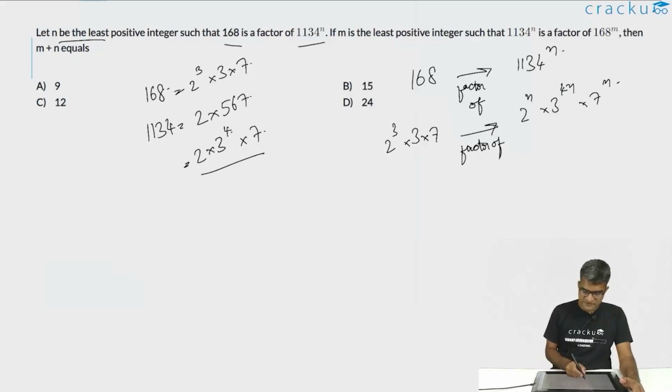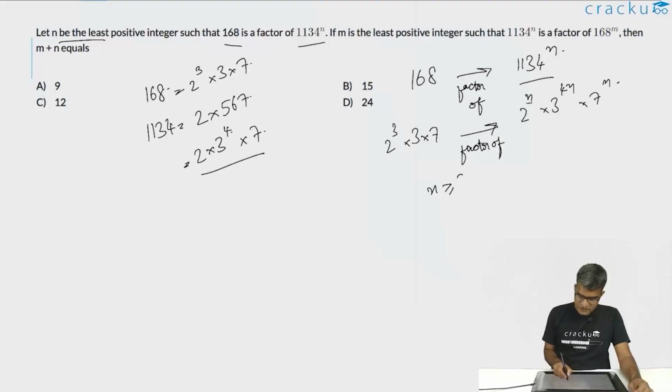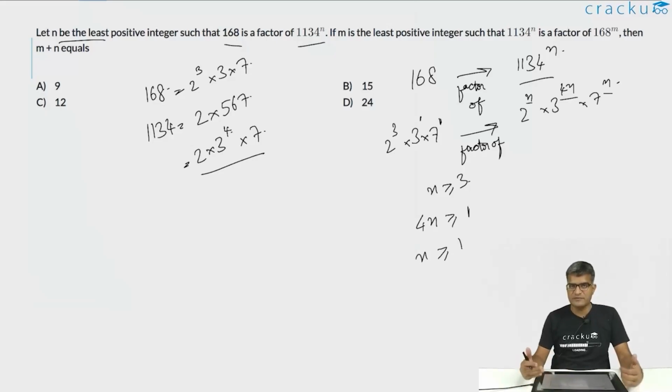This is basically 1134 to the power n. When will this happen? This will happen only if n is greater than or equal to 3. This is the power of 2. 4n is greater than or equal to 1. And n is greater than or equal to 1. All three of them have to match. All three of them have to be satisfied.